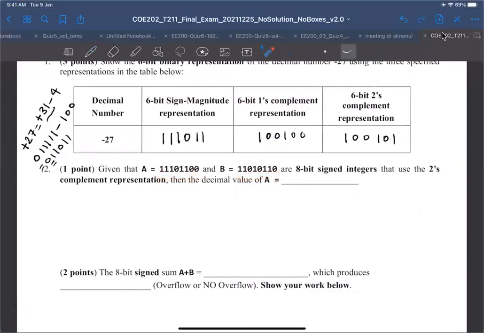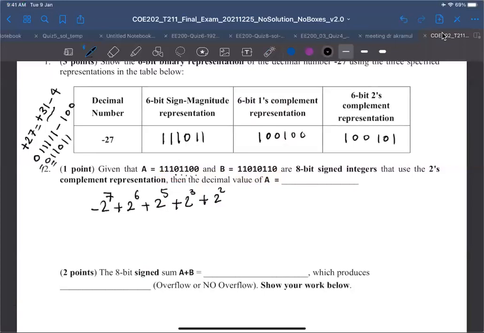We know that bit number 8 is the sign bit, so its weight is minus 128, which is minus 2 to the 7, plus 2 to the 6 plus 2 to the 5, and then 2 to the 4 is missing, 2 to the 3 is there, and 2 to the 2 is there.